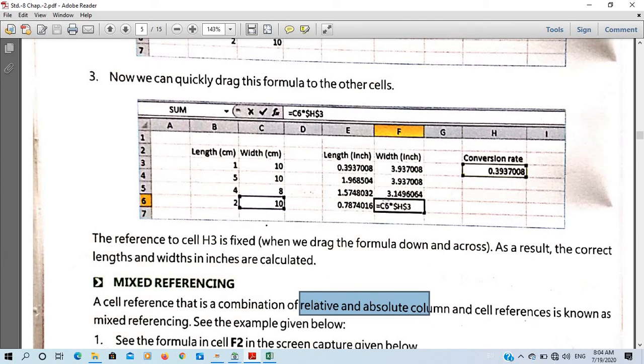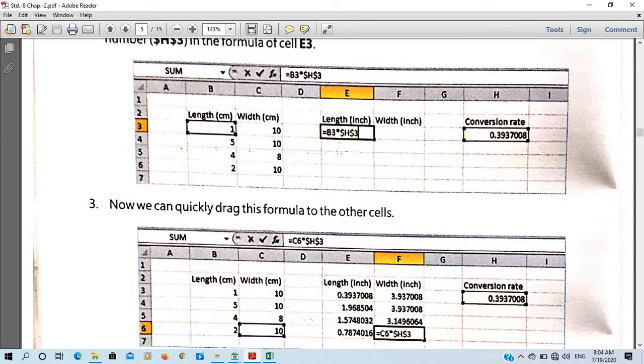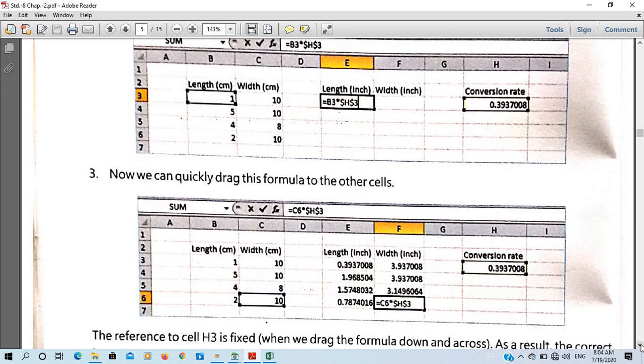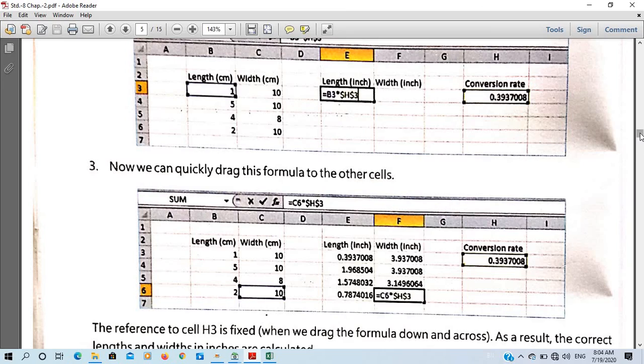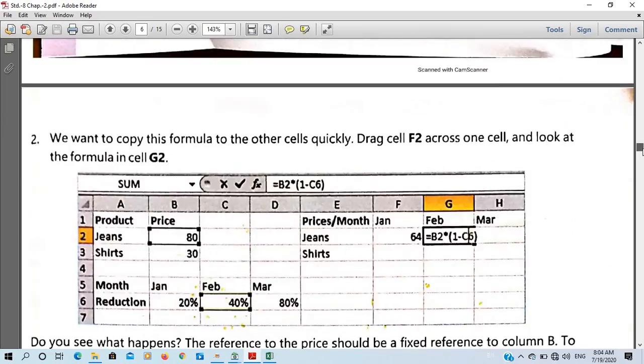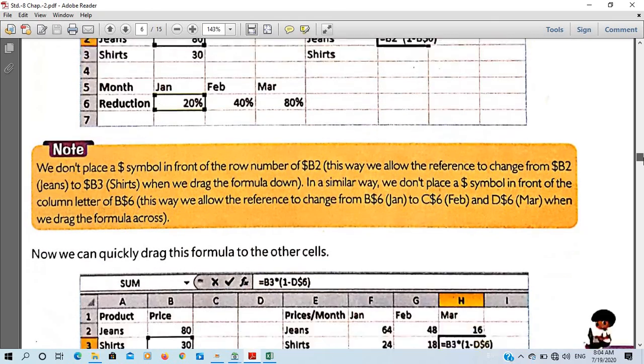This is also a mixed one, because here you can see that one of the values is fixed, meaning H3 is fixed, but B3 will automatically get updated when it changes from one cell to another. So mixed can be said to contain some absolute cell referencing. So now I think mixed cell referencing is clear to you.